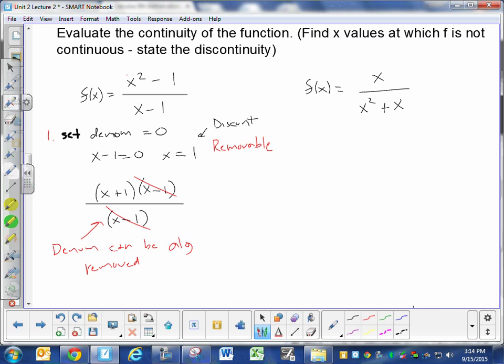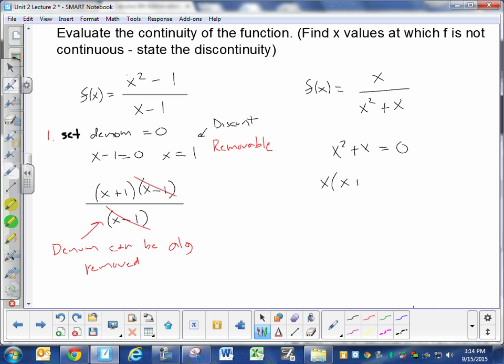Well, let's do the second function on the right. Why don't we do it together? You guys work through it. I'll freeze the board and do it in the background. We'll compare our answers. Start by setting your denominator equal to 0.